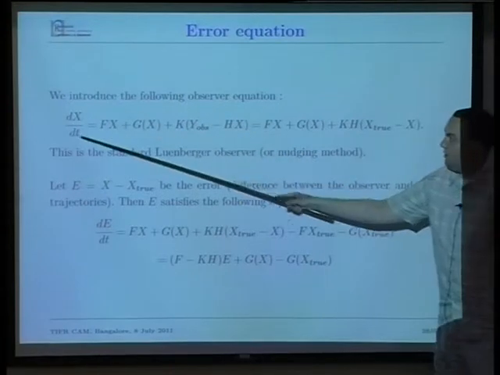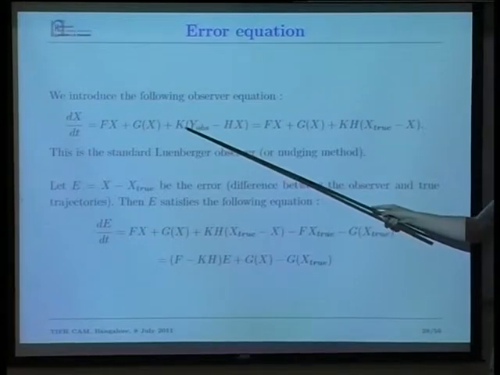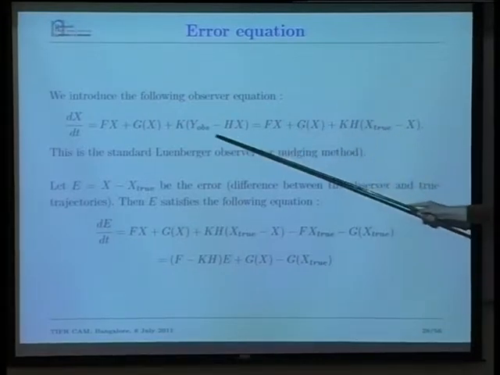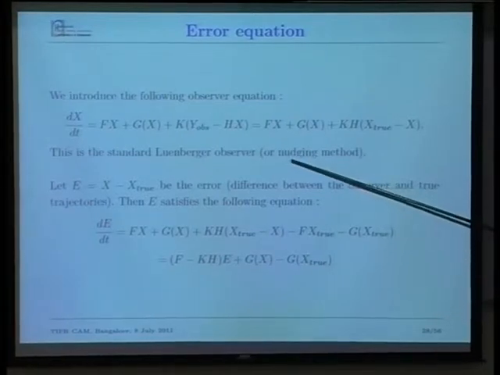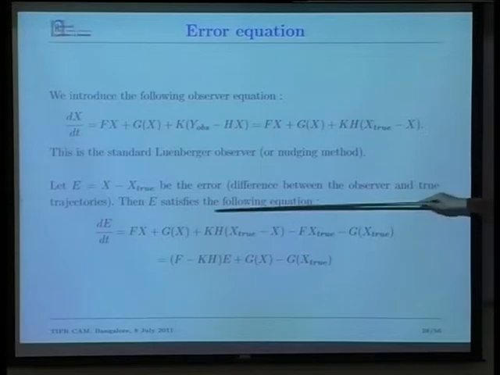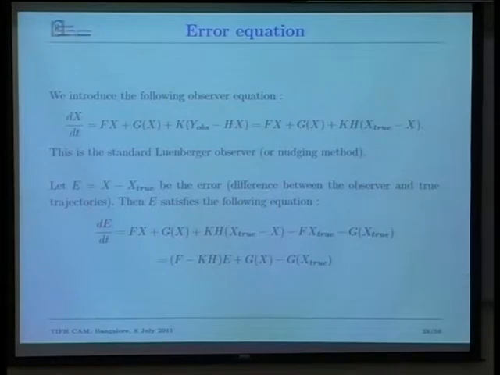So we introduce the following nudging term. It's the same. We add the nudging matrix times the observation minus Hx. The observation comes from the true state. So this is the standard nudging term, the standard Luenberger observer. If we look at the difference between x and x true, this term comes from x, and this term comes from x true, linear and nonlinear terms.